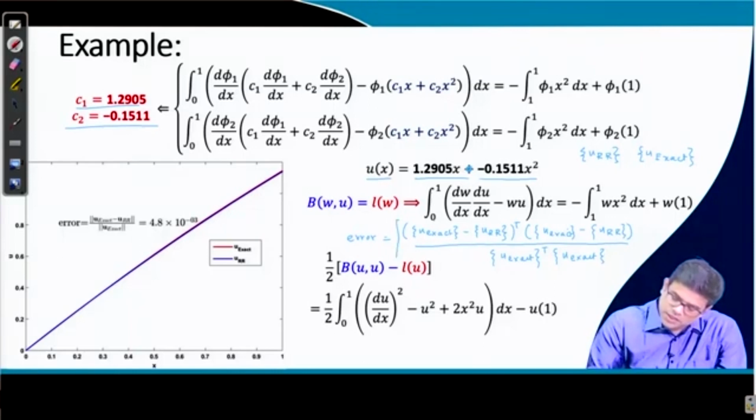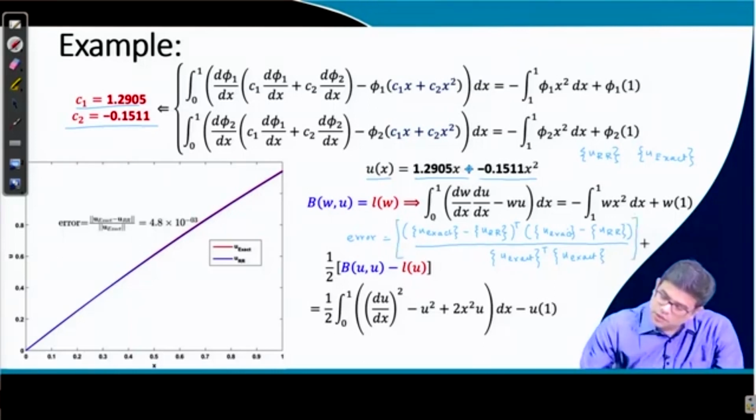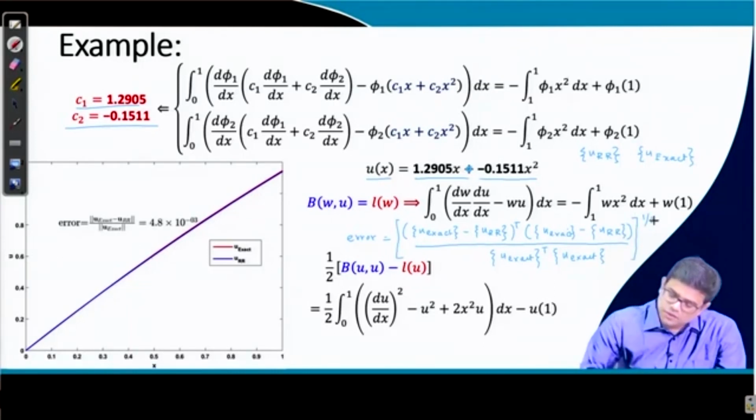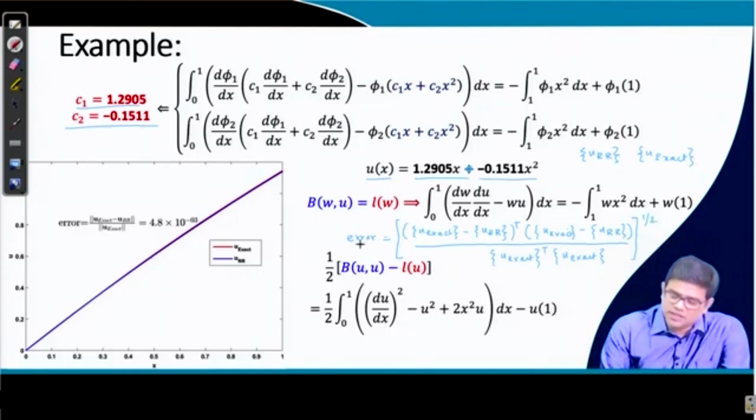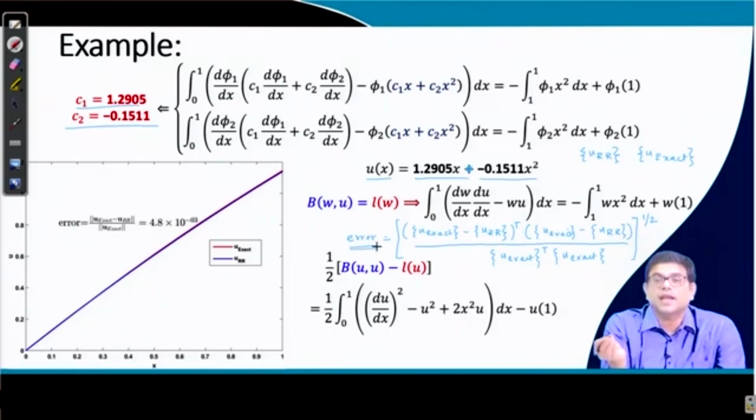So this is the error that I plotted. That's how I reach a scalar value, because otherwise I cannot compare different methods.